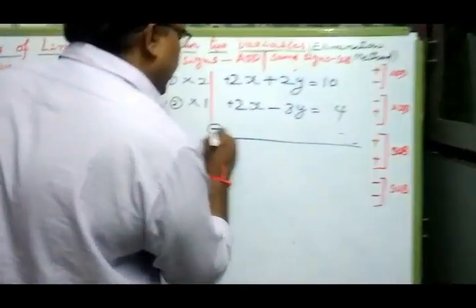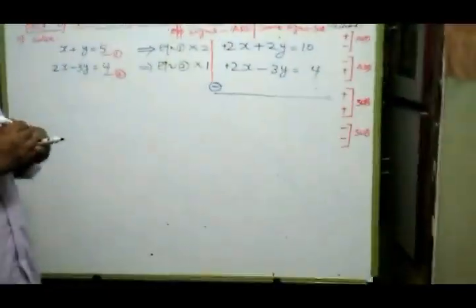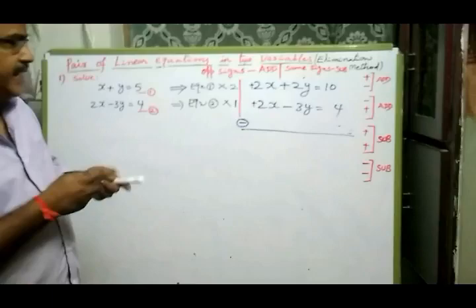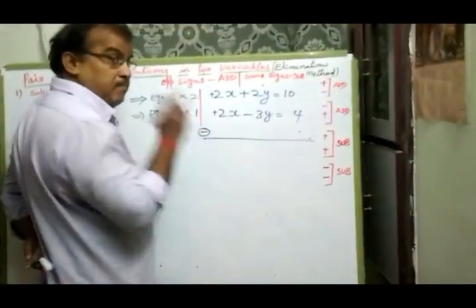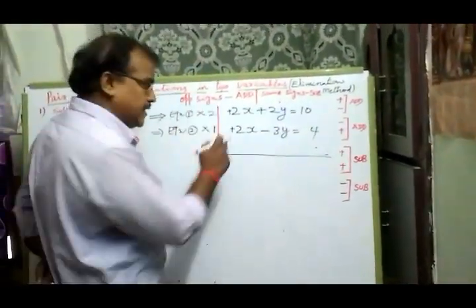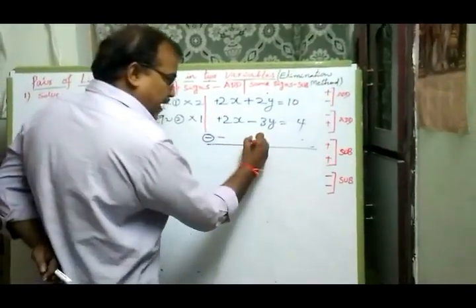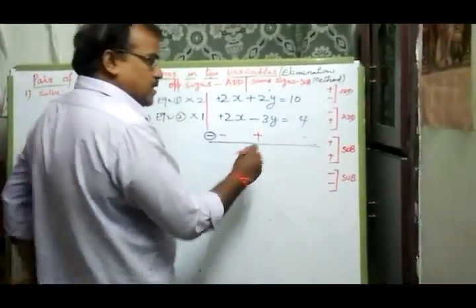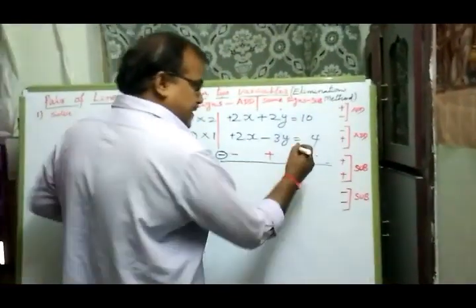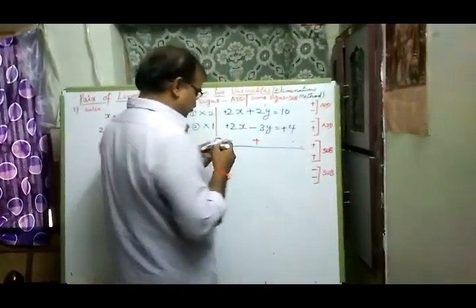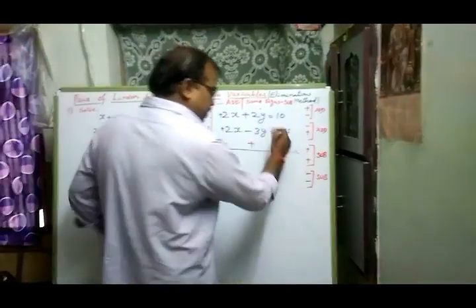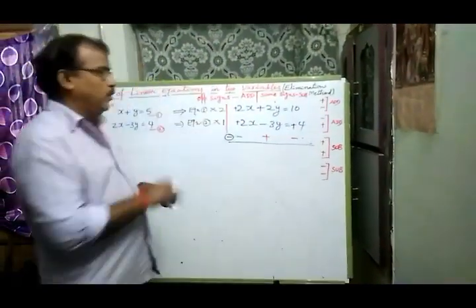This is very important. Now I am doing a vertical subtraction. Because of this minus, this plus will be minus. Because of this minus, this minus will be plus. Very important.